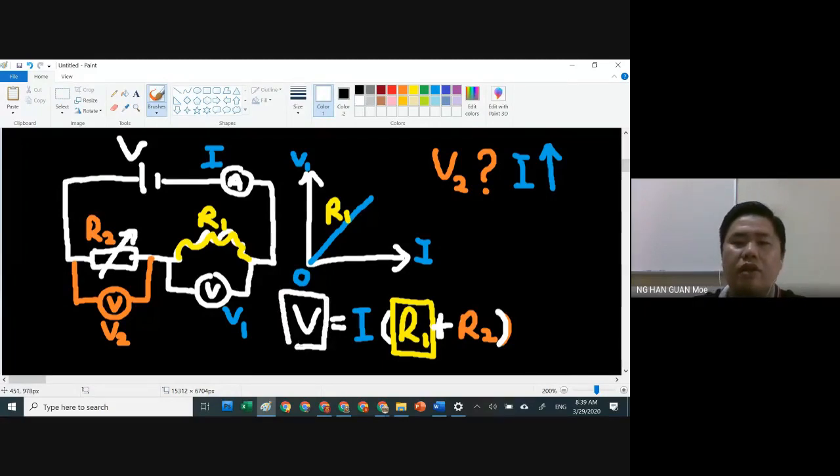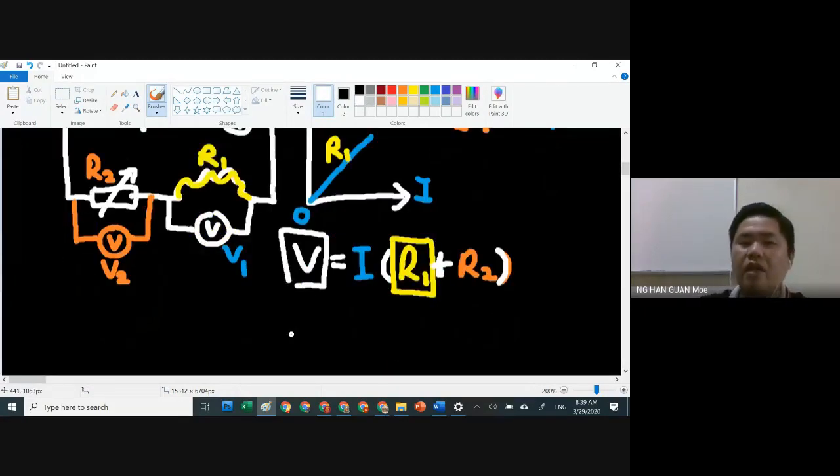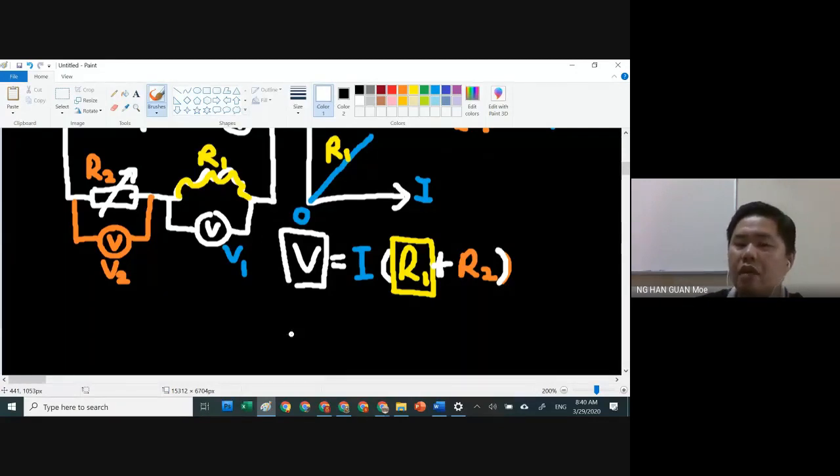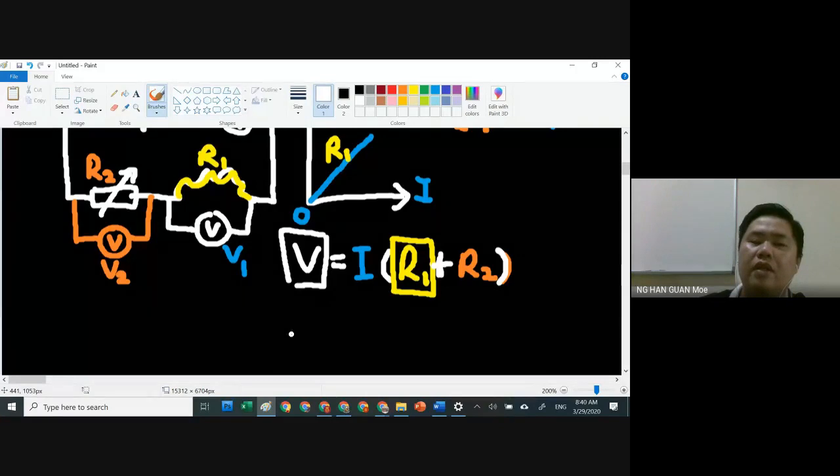When I adjust the rheostat R2, I am able to change the current. How do I increase the current? Must I make R2 bigger or smaller so that the current increases? Answer this one first.